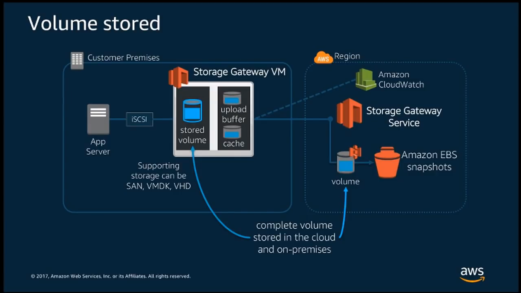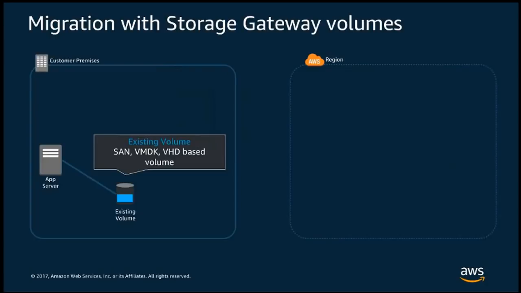So if you have 10 terabytes of data and you have a 16 terabyte LUN, you'll need 16 terabytes of capacity. 10 terabytes of it will be full. And so that means that all of your writes and all of your reads are going to happen to and from cache inside of that storage gateway virtual machine. So you're going to get high performance, low latency reads and writes, and you're going to have that durable offsite copy of the data in the storage gateway service that you can then take EBS snapshots of.